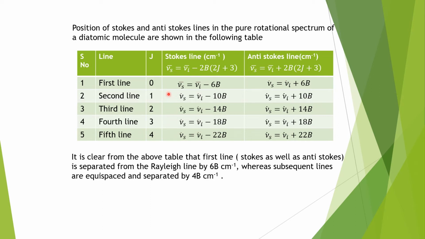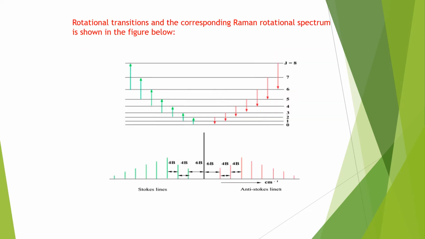If you take the difference, 10B minus 6B, that is 4B, 14B minus 10B, that is 4B. So the subsequent lines are equispaced, separated by 4B centimeter inverse, whereas the first line is separated from Rayleigh line by 6B centimeter inverse.